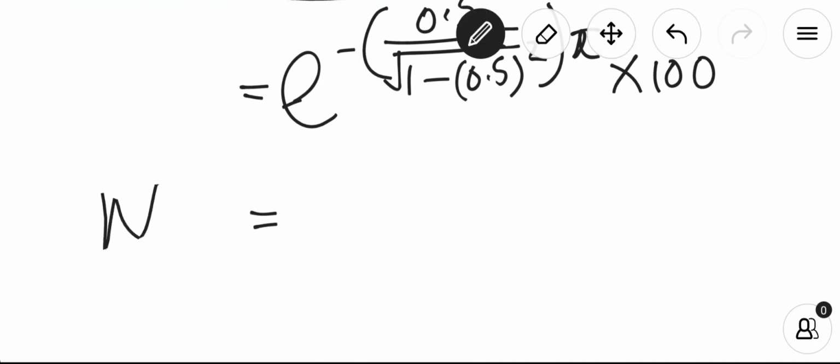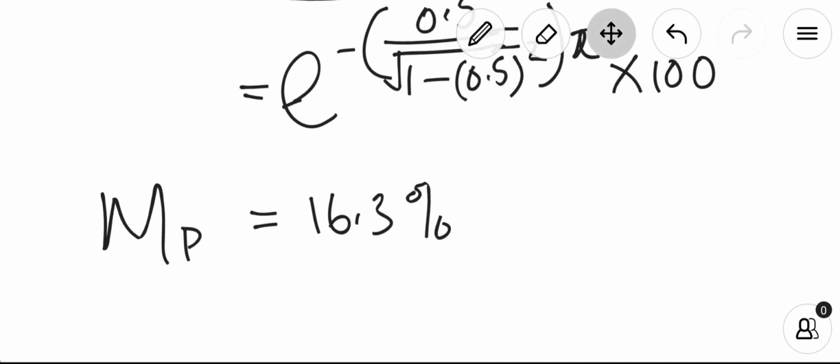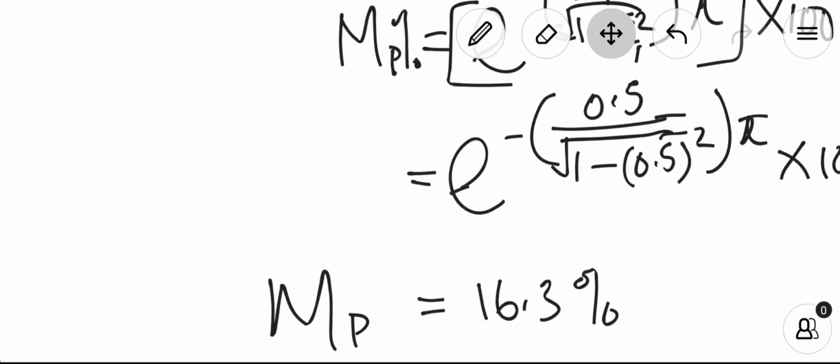Using your calculator, this becomes 16.3%. That's the value for peak overshoot.